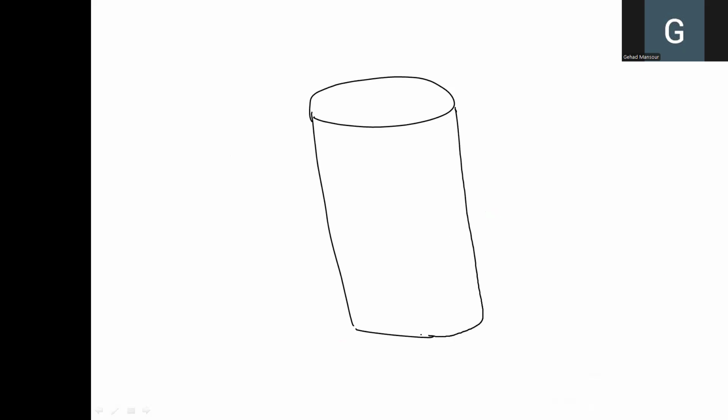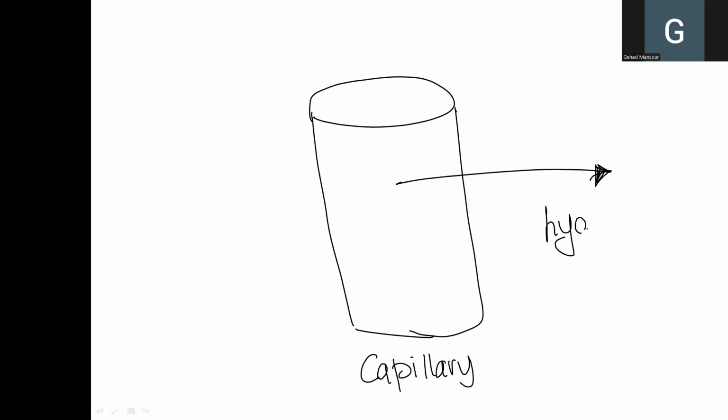we can draw the forces. If this is the blood vessel or the blood capillary inside the pleural space, we will have an outward pushing force, which is the hydrostatic force or hydrostatic pressure that pushes water outside the blood capillary.